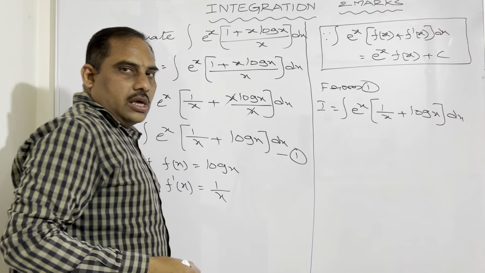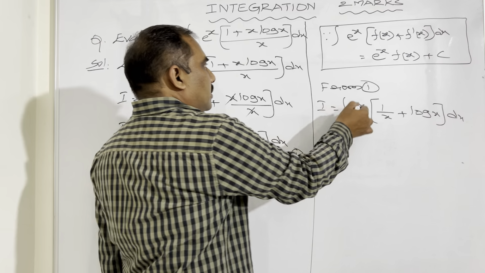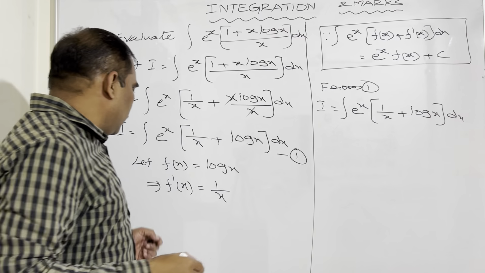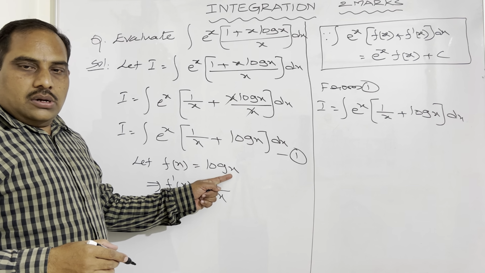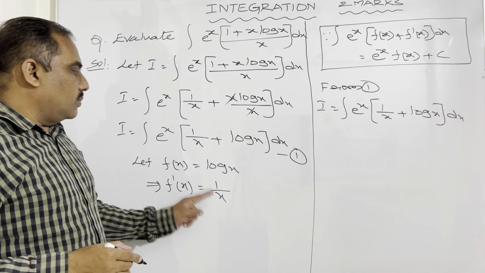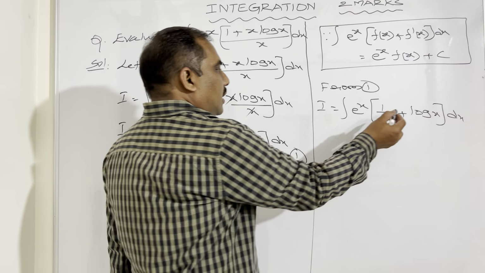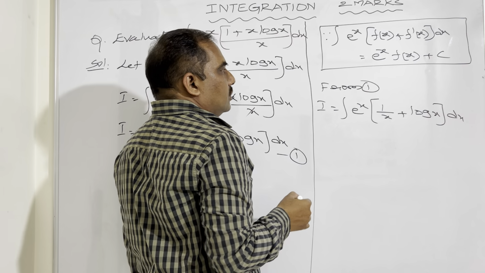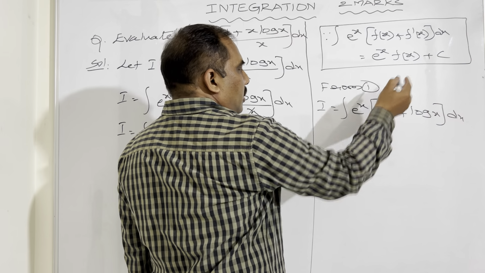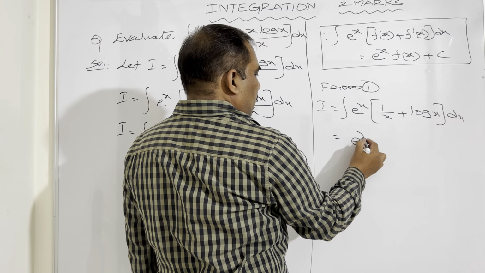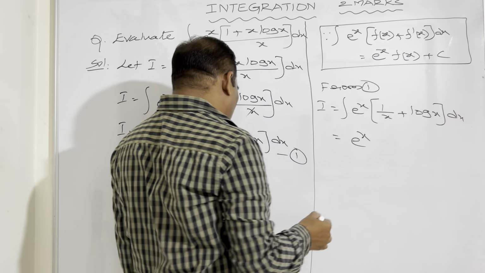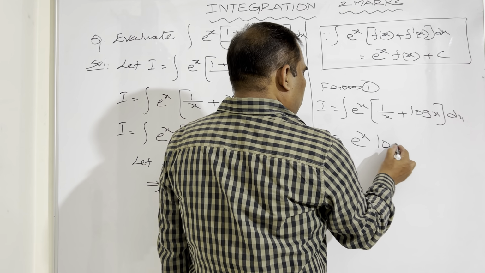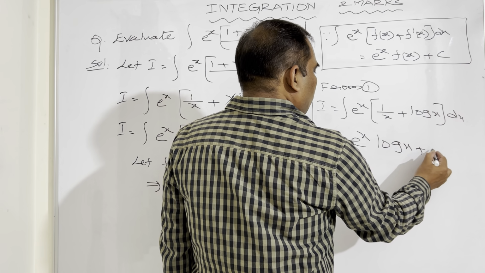Compare with the formula: in place of f(x) we have log x, because the derivative of log x is 1/x. So f(x) is log x and f'(x) is 1/x, which is equal to e^x into f(x). What is f(x) here? Log x. So e^x log x + c.